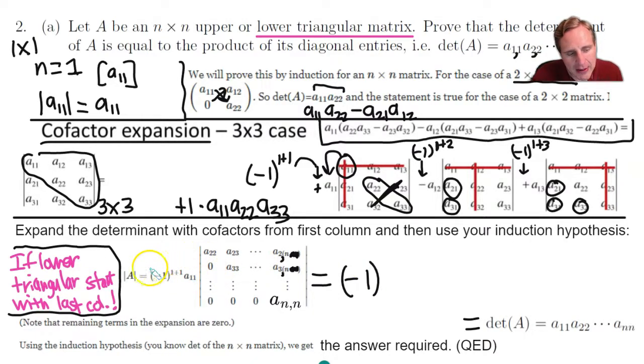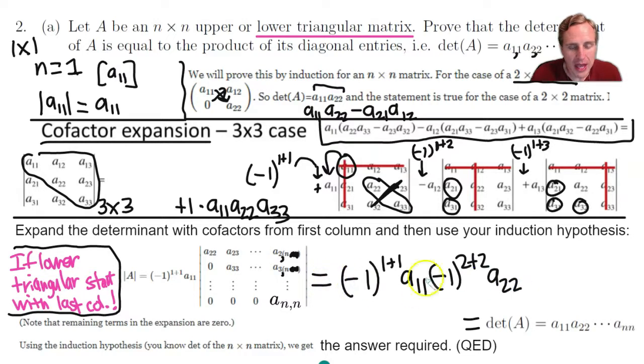Well, notice that if we've got -1 to the 1 plus 1 power A11, then we're going to have -1 to the 1 plus 1 times A11, but then we're going to have -1 to the 1 plus 2 times A22. Or sorry, it's actually going to be -1 to the 2 plus 2, because again, this is the cofactor, A22. And then we're just going to keep on going down, because as soon as we get this one, and the rest here is the only part that stands up, we're just going to keep going down the diagonal.